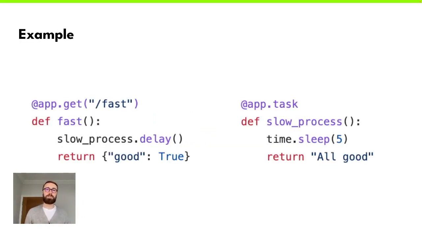So this is an example of what you could do to speed up the processing. In this case, you have a fast endpoint that was taking 32 milliseconds, but all it does is schedule the long-running tasks in the background. For example, if you want to connect to some other database or some other website, which may be down or may take a long time to reply, you don't want to run it in the same request-response cycle.